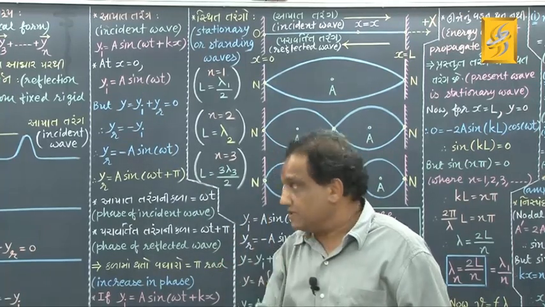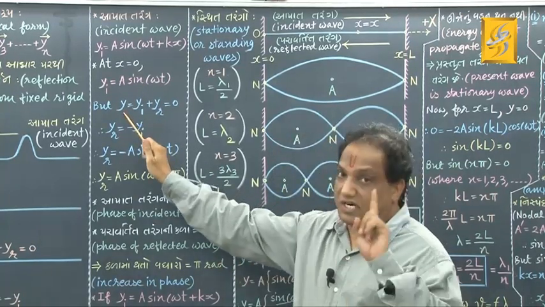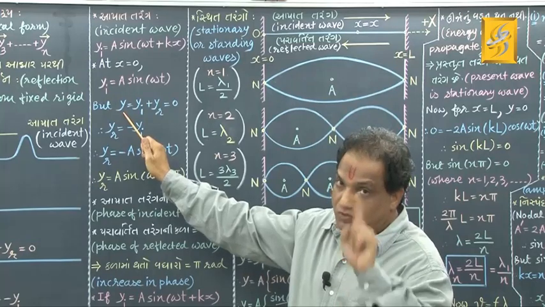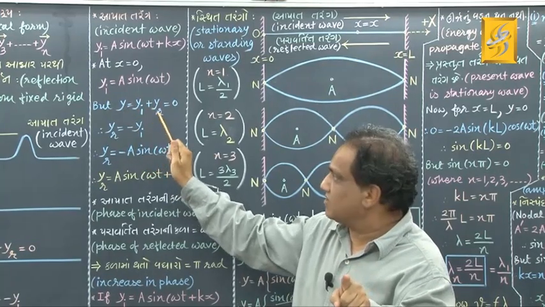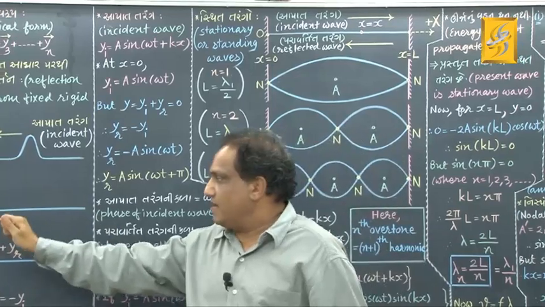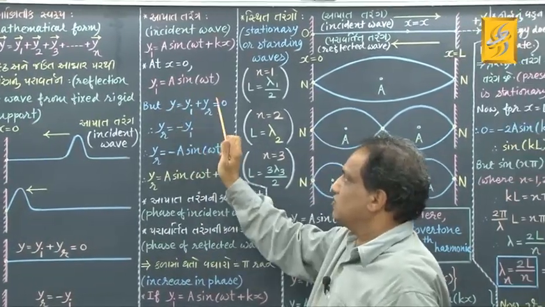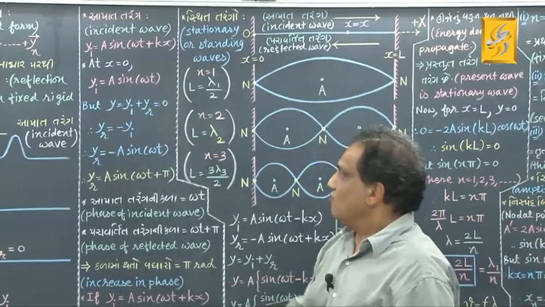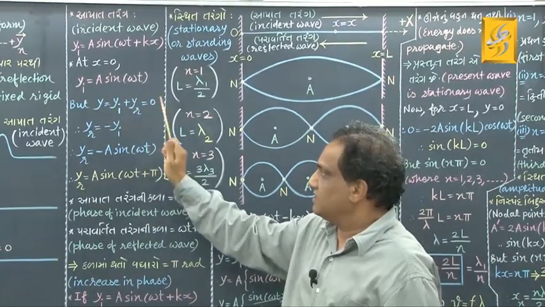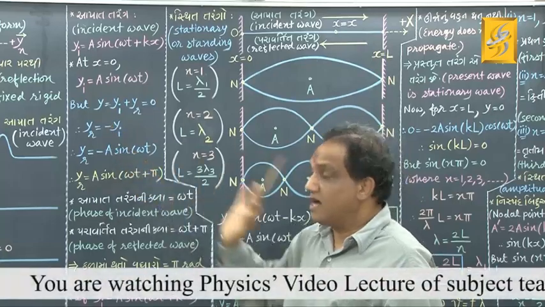Correct? But wait. What is y? The resultant displacement. According to the principle of superposition, it should be yi plus yr. But because this very particle is fixed in the rigid support, the resultant displacement should be 0. Correct? Find out yr: it should be minus of yi.